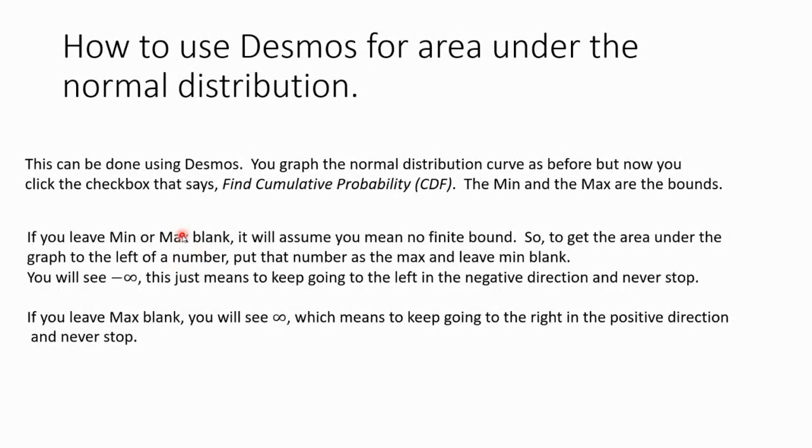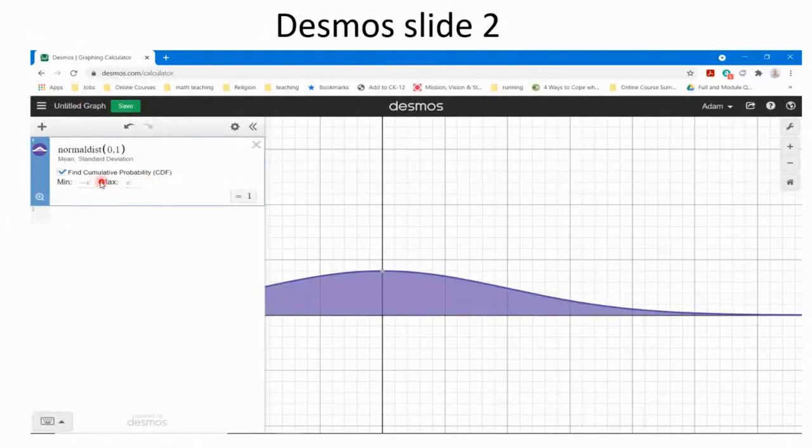If you leave those blank, that tells Desmos there are no finite bounds. It looks like a negative figure 8 on its side for min, and the same over here with max, except it's not negative. This is negative infinity; some people call it minus infinity.